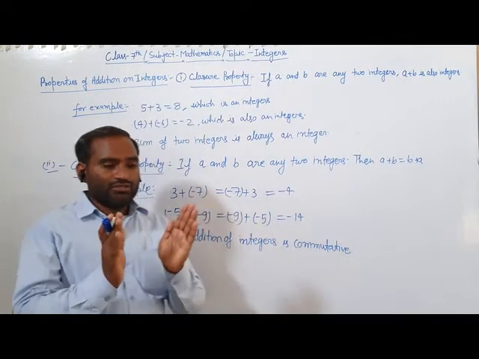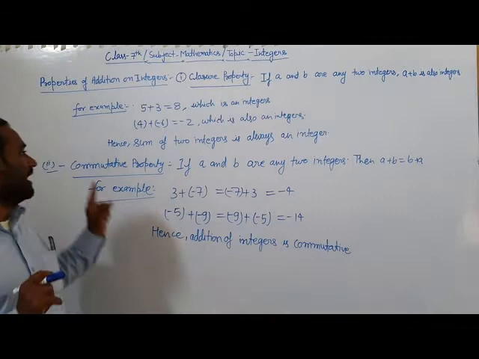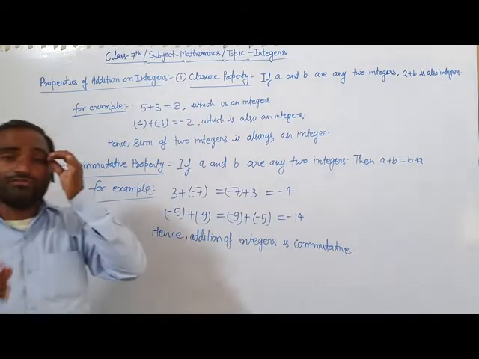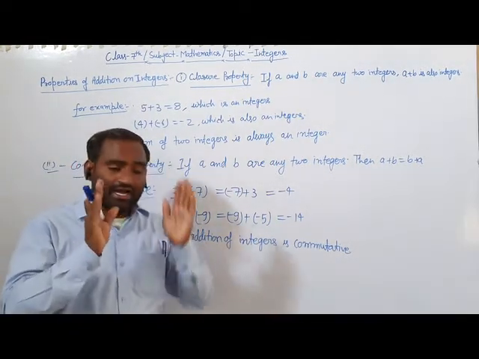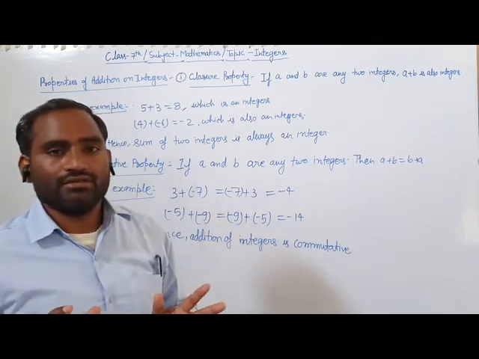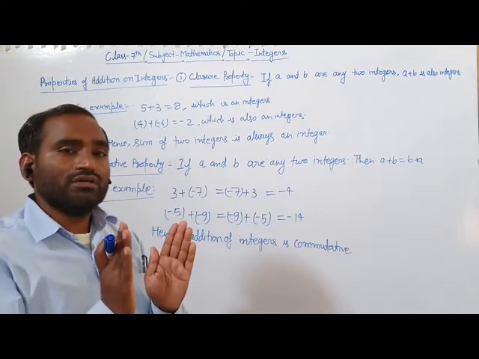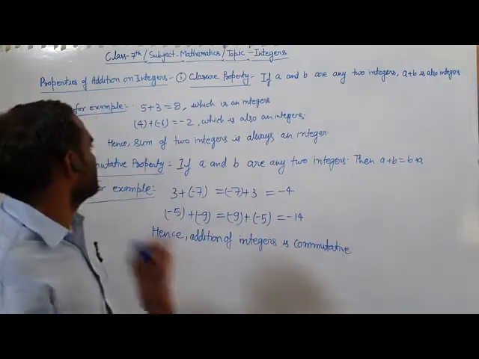If you add two integers, the answer will also be an integer. जब हम दो इंटीजर को ऐड करते हैं तो जो आंसर आता है that is also an integer.